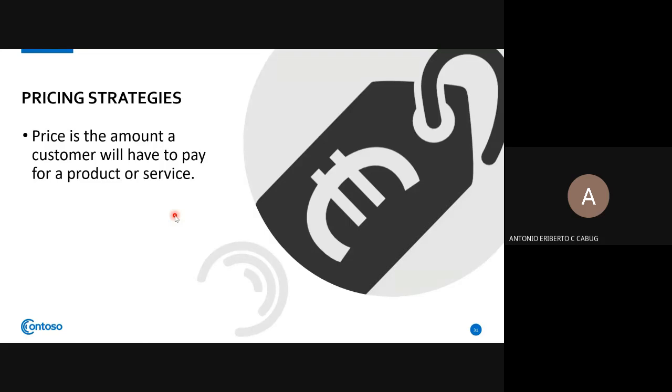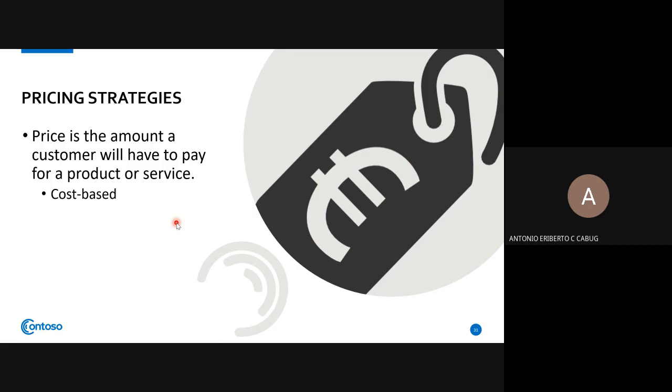For the purpose of this discussion, I'm going to divide this concept into two approaches. We may set the price using a cost-based approach where we should know how much cost we have to incur for the product or service and then add a markup, a little or a large markup depending on the industry, so that you would have a margin.